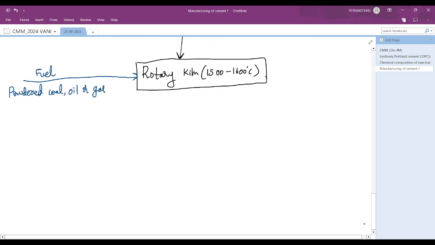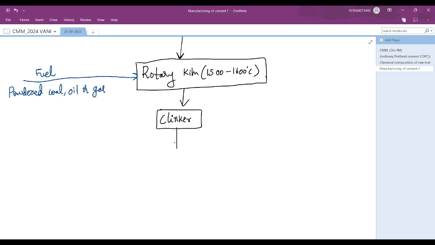After burning, this corrected slurry will become clinker. So clinker is formed.